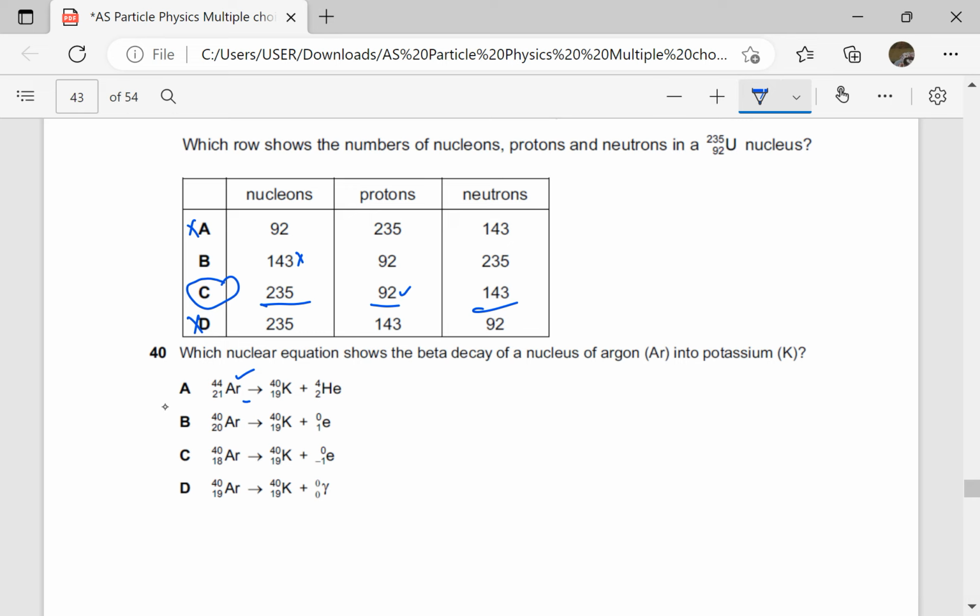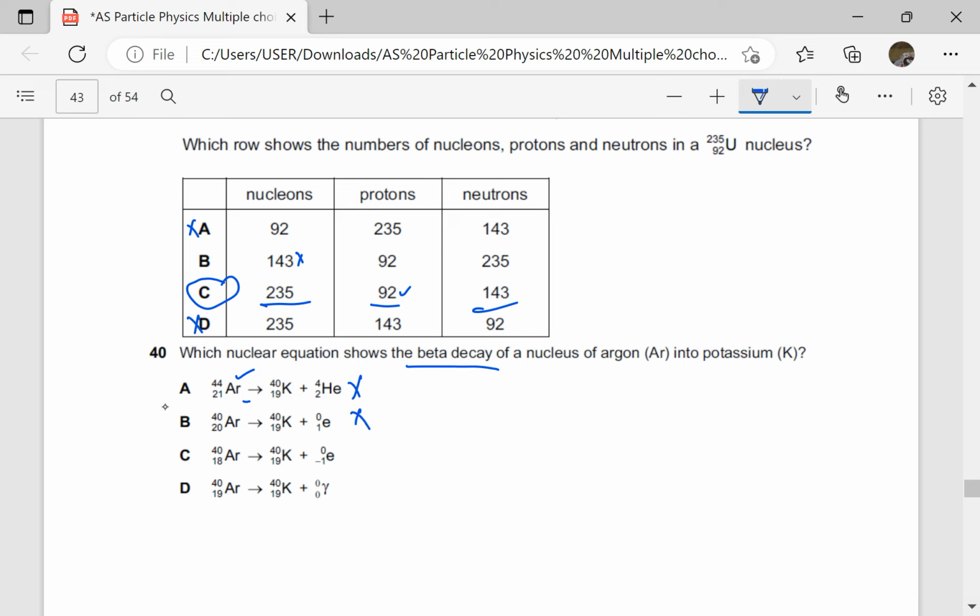So this is not a beta decay, that is alpha decay. This one, the nucleon number did not change. Proton number, this is a beta plus.